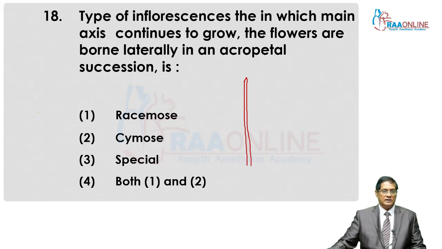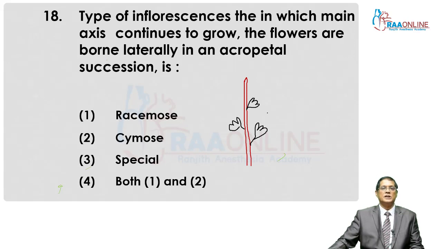That's what is called indefinite or racemose. The main axis continues to grow, and flowers are born laterally on this main axis.